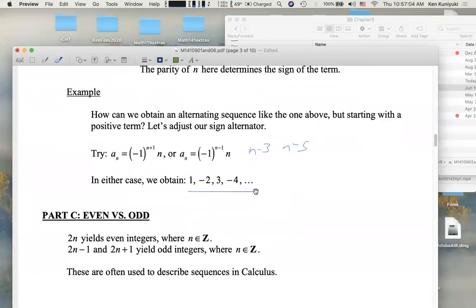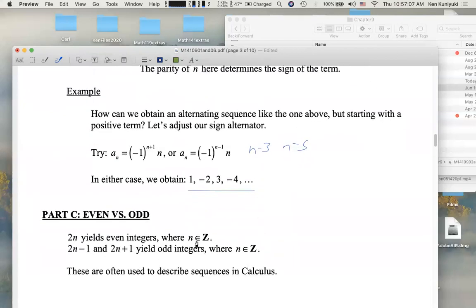Speaking of even versus odd, if n sweeps out over all the integers, then 2n sweeps out over all the even integers. That's good to know. So if n equals 1, this is 2. If n equals 2, this is 4, and so forth. So let's start with n equals 1, 2, 3, 4, and so forth.